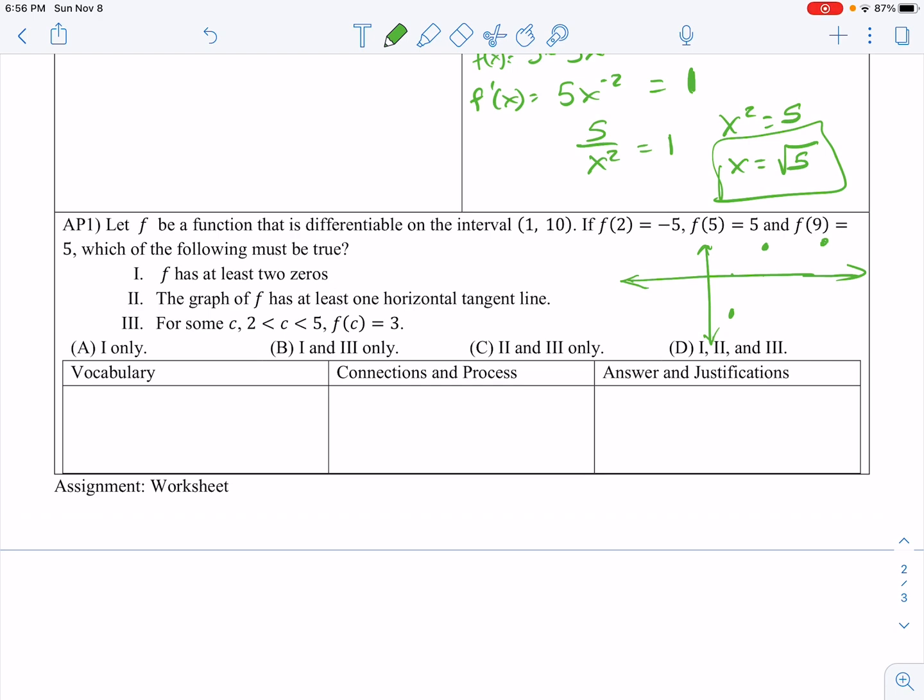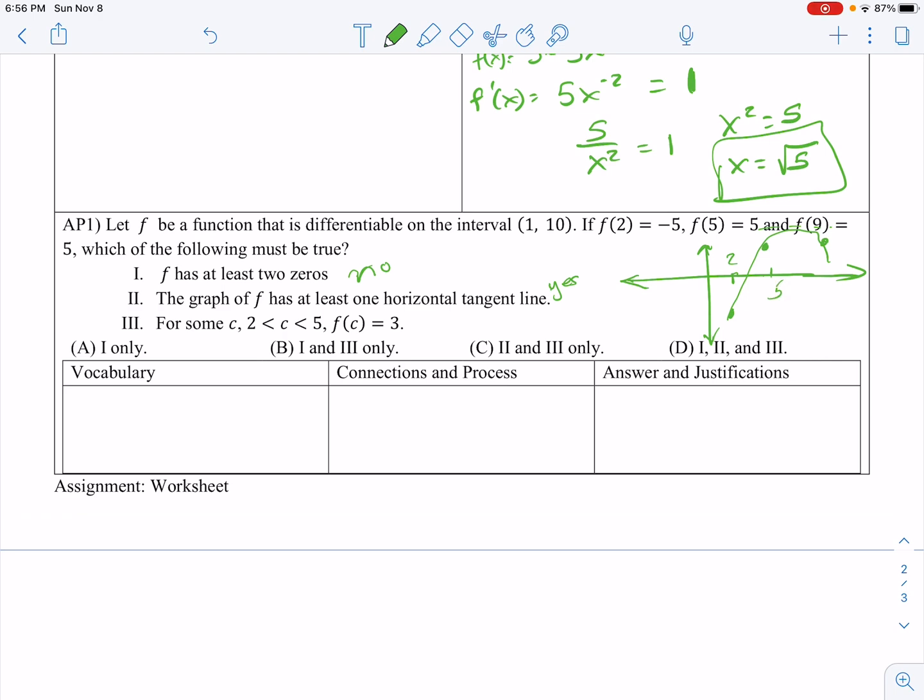That we don't know. I don't know, the graph is at least one horizontal tangent line. Well, that I would probably say, because somewhere in here it has to have one. So yes, that's no.